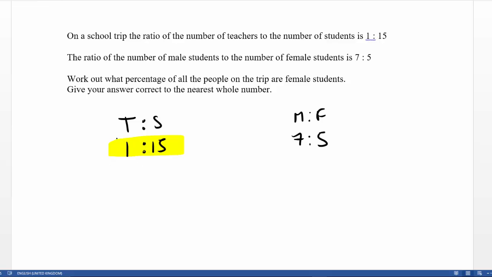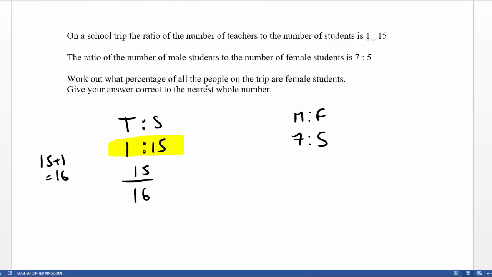So what fraction of the total number of people going on the trip in this ratio are actually students? 15 out of how many? There's 15 students and 1 teacher. So that's 15 add 1, which is 16. So our denominator is going to be 16 there.